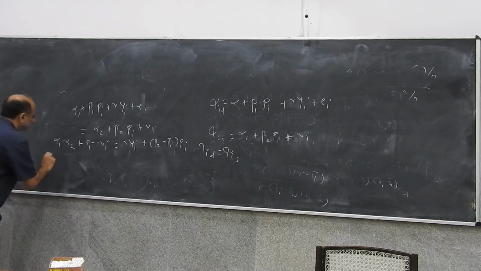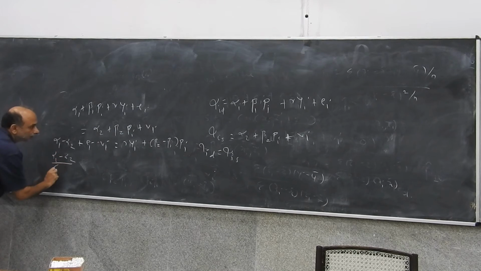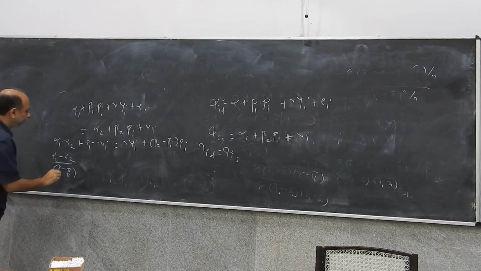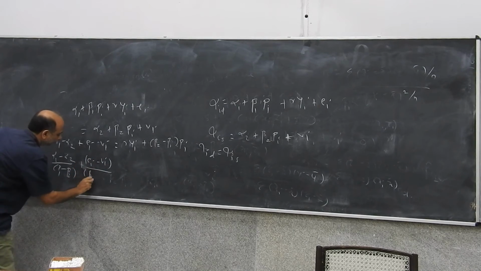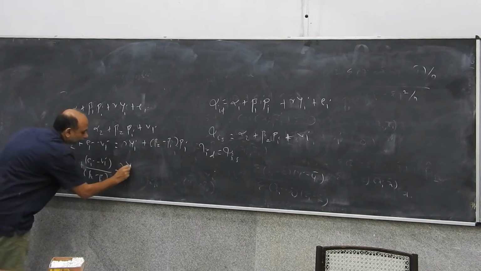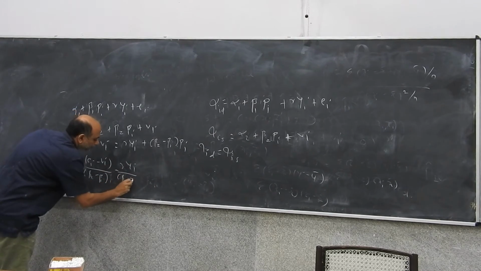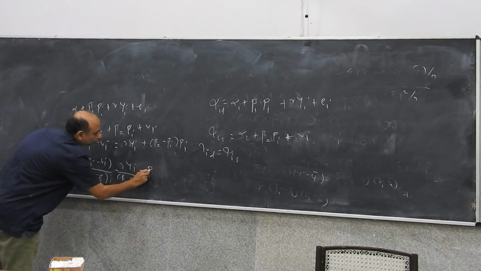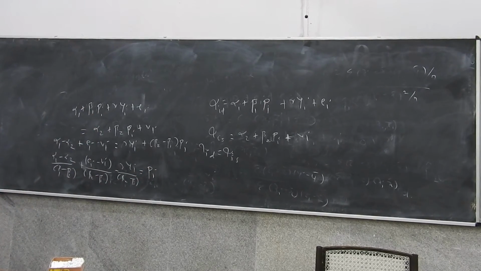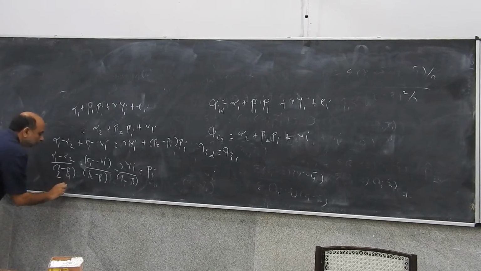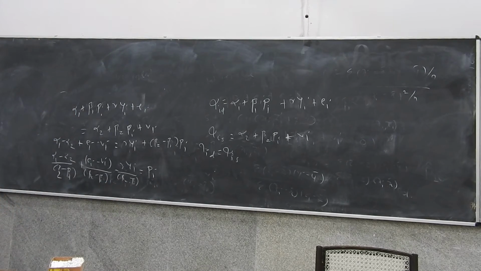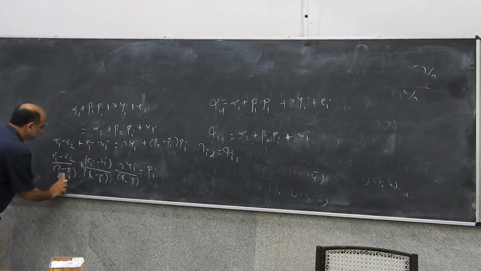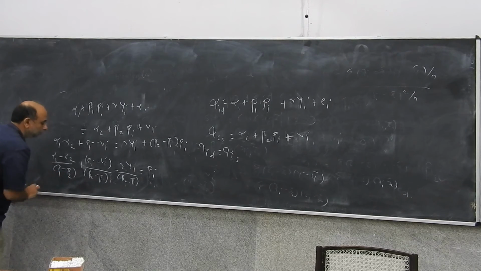Or beta 1 minus beta 2. So that should be minus gamma y.